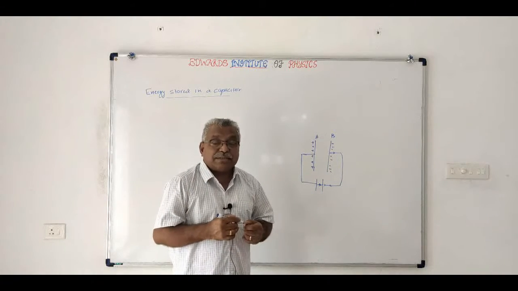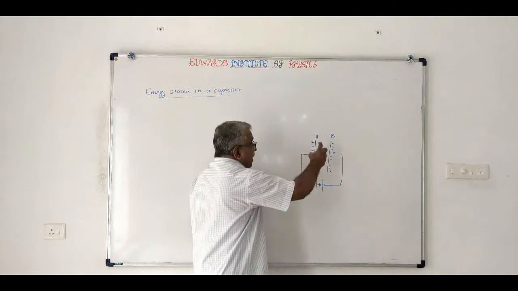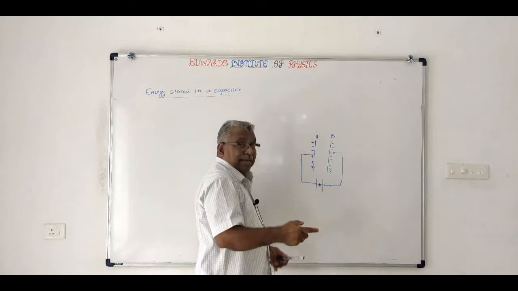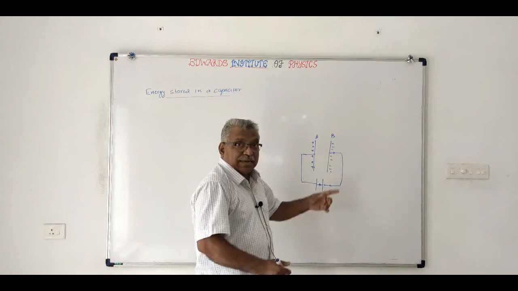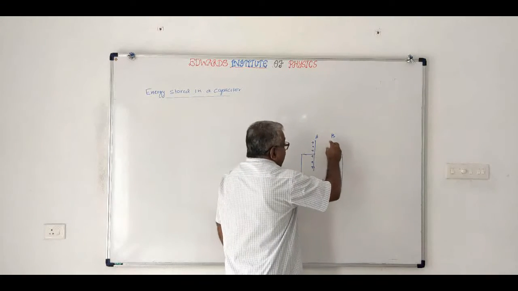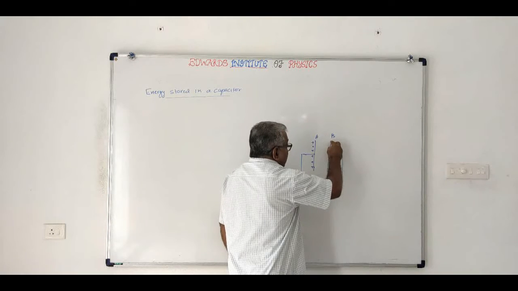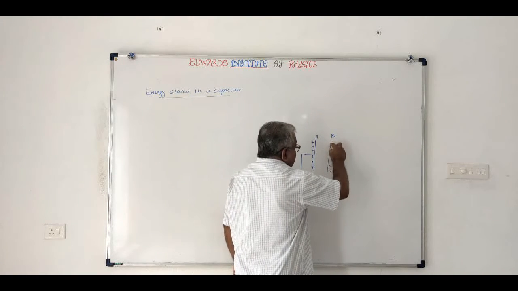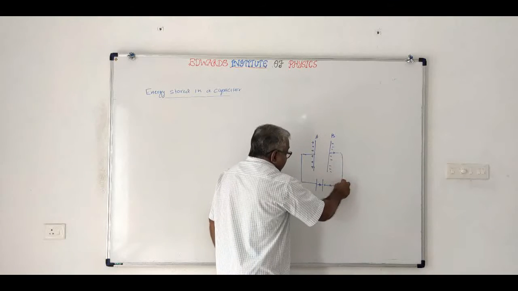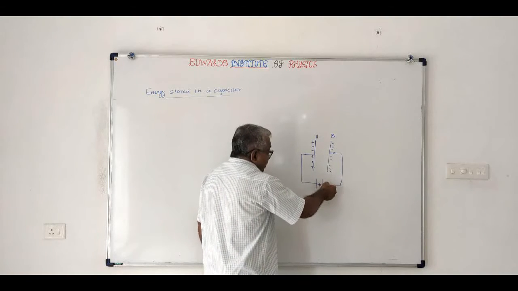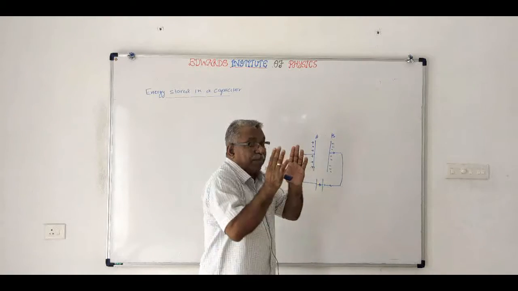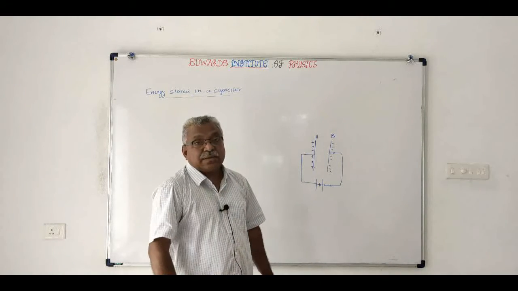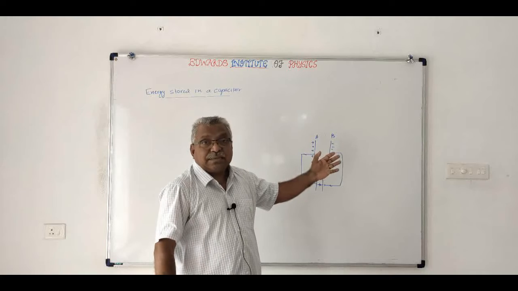Actually, what the battery is doing is taking electrons from here to here, but let us think like this. Here the positive charges are taken from this plate, and by doing some work, the battery transfers them to here. So both the plates will get equally charged. Thus the capacitor is getting charged.